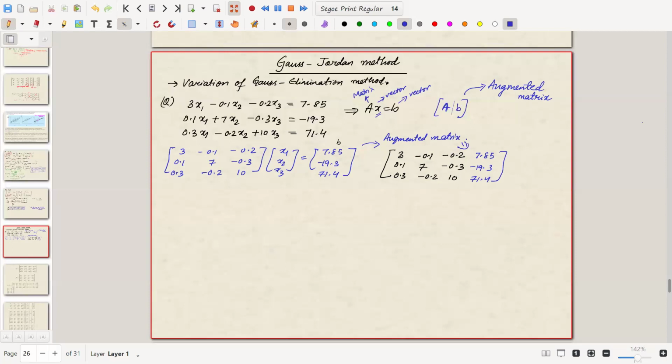All right. Now notice this is not a square matrix. Our aim in the Gauss Jordan method is to do the row operations in such a way that you convert this into an identity matrix.